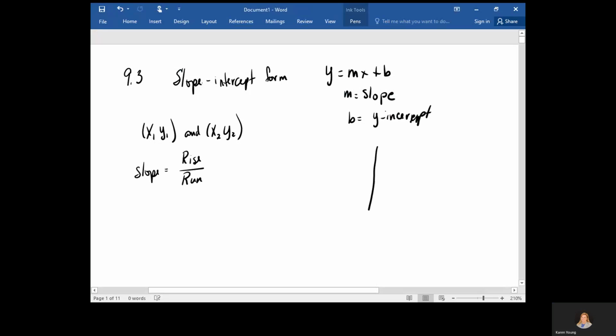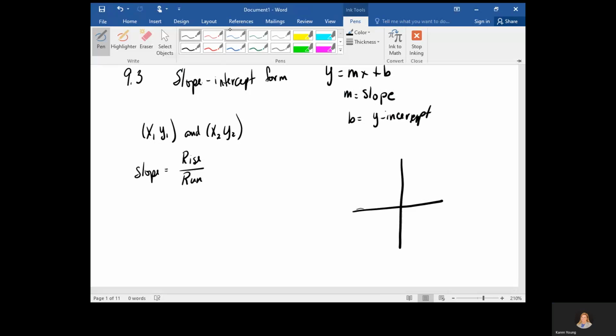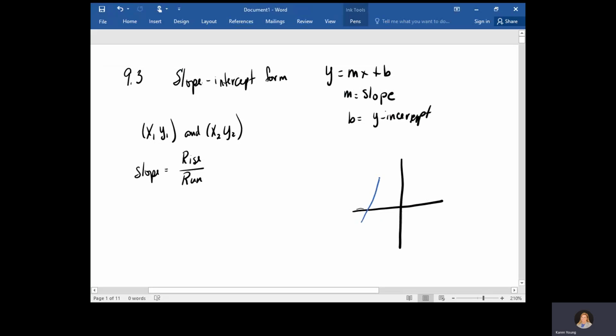If we look at a graph, I'm drawing a dotted line that connects 2 points.